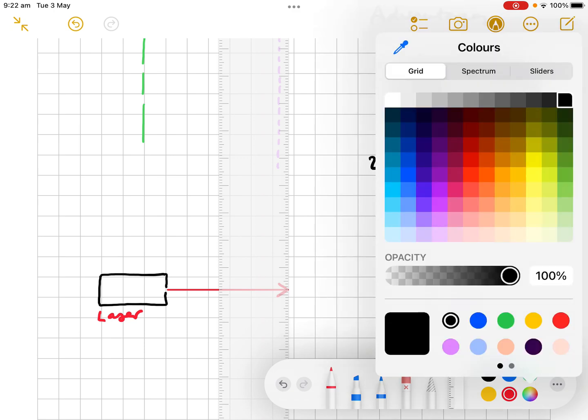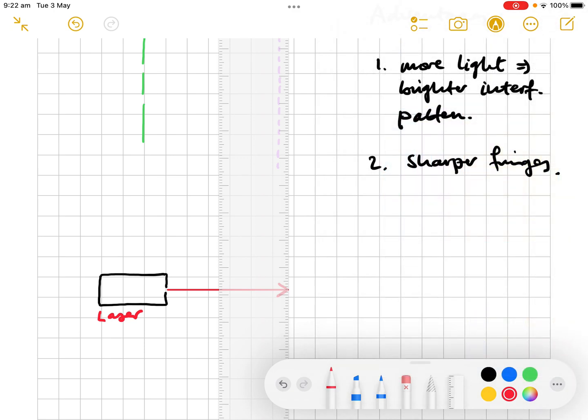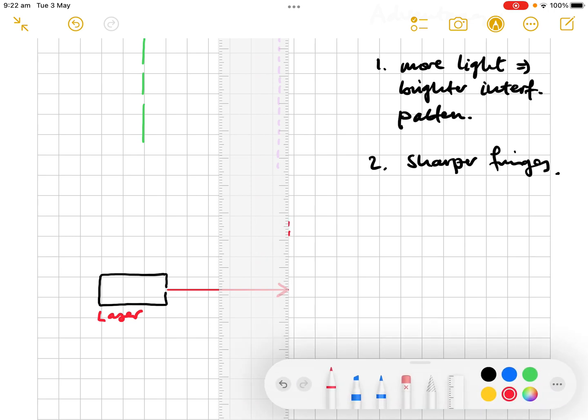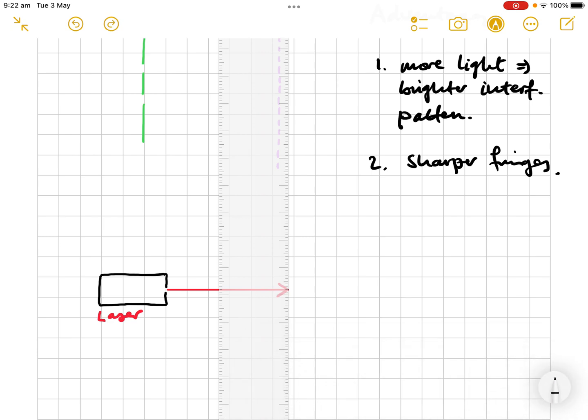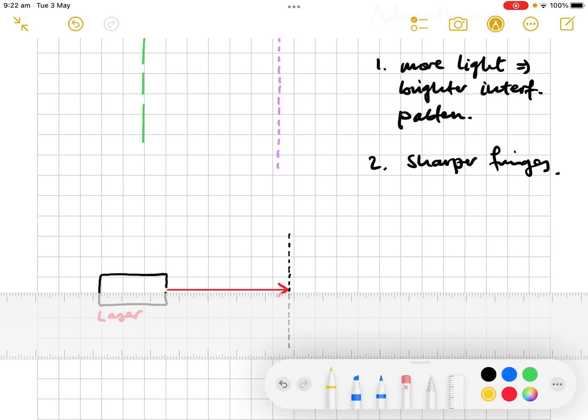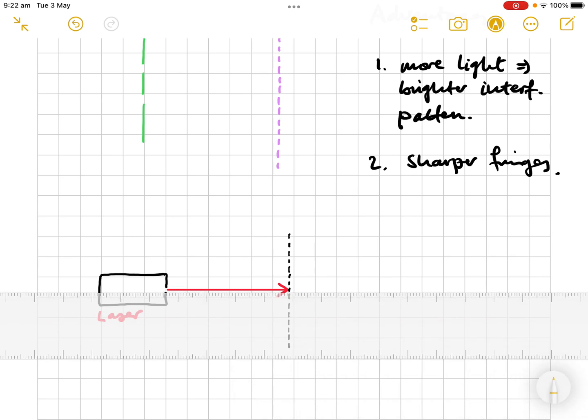Now, of course, the grating is not to scale here. Obviously, the grating would be much smaller than this, and the gap size would be considerably smaller. Anyway, what happens is that you get an interference pattern very similar indeed to the two-slit interference pattern.